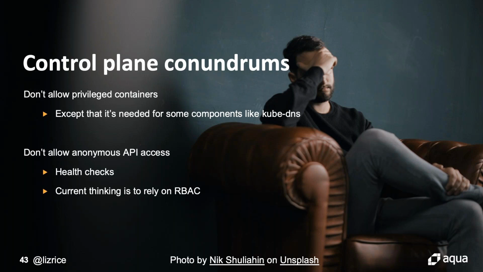But you may want to look into that for your particular requirement, for your particular deployment, depending on other things like the network security that you have around your deployment. You may or may not want to allow anonymous API access. So that's an exercise for you to go and think about.